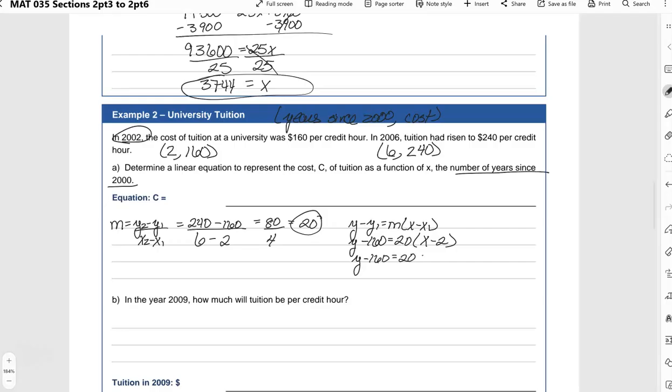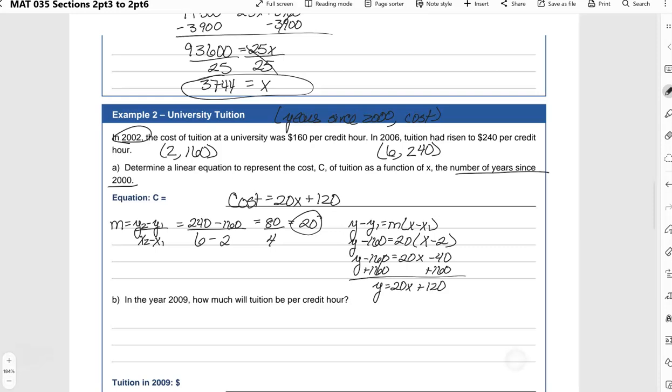We're going to distribute: 20x minus 40, add 160 to both sides. So we're going to get y equals 20x plus 120. So there's my cost equation: cost is equal to 20x plus 120.